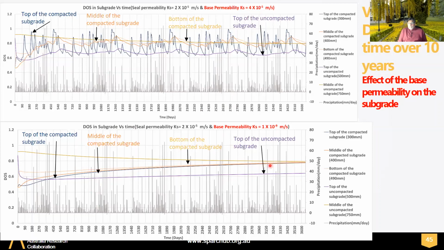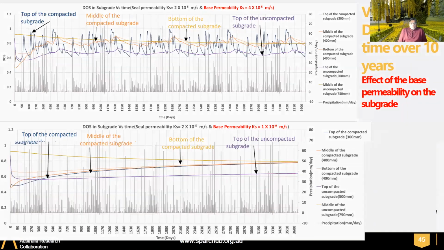Because the water retention characteristics are different, and that's why it is doing that. But I think this analysis is not entirely accurate. Now I realize it's because we haven't changed the water retention curve for both in a coupled way. Further analysis might be needed to get this result more accurate.